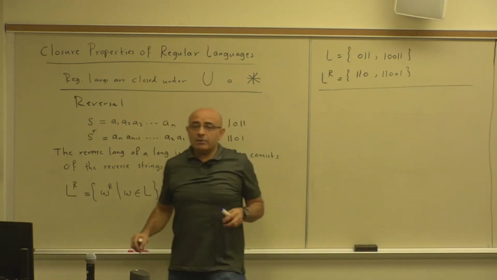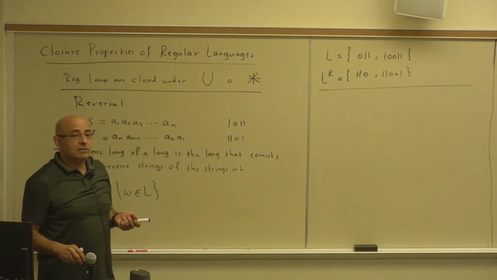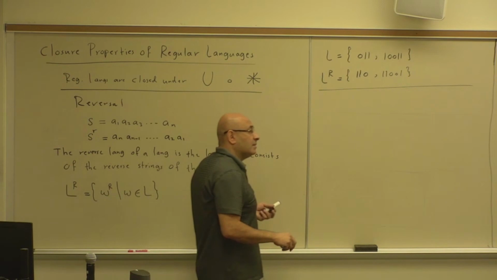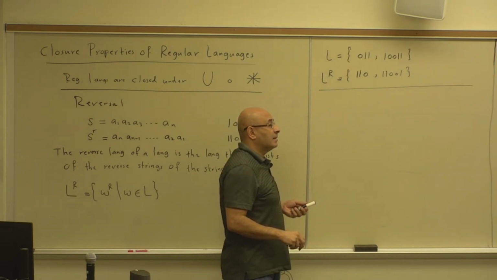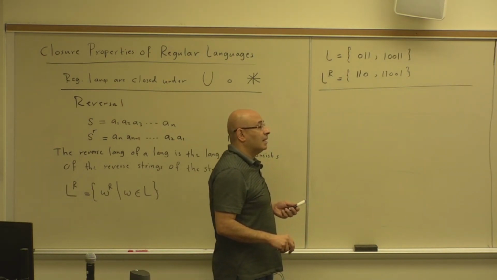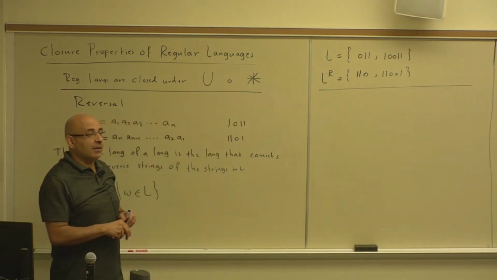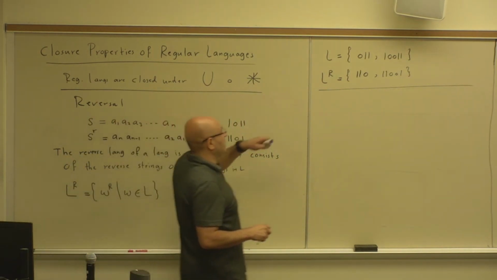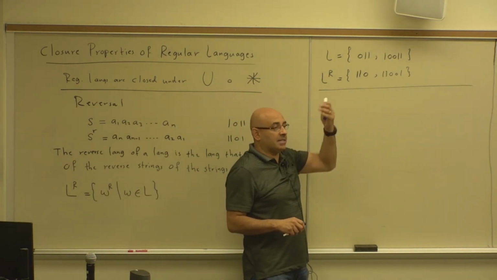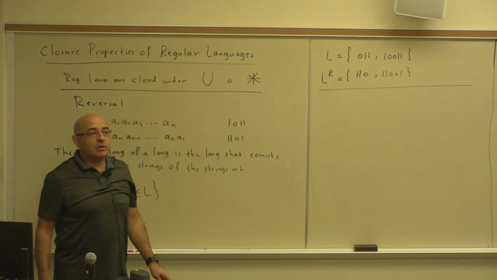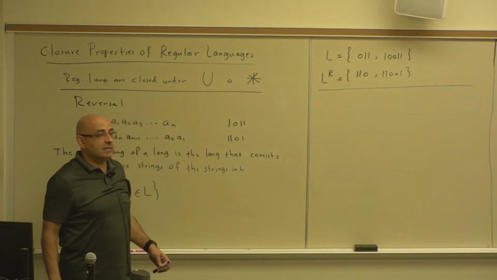Can the reverse language be equal to the original language? Yes, it can. Under what condition? Well, more generally, if all the strings consist of one symbol, that's one case, so if you reverse them, they will stay the same. Now, what do we call a string that if reversed stays the same?